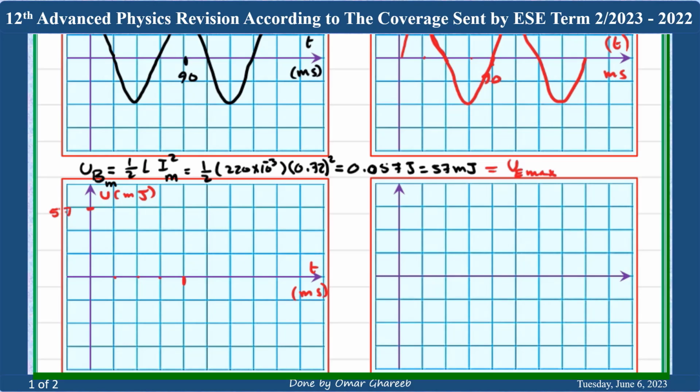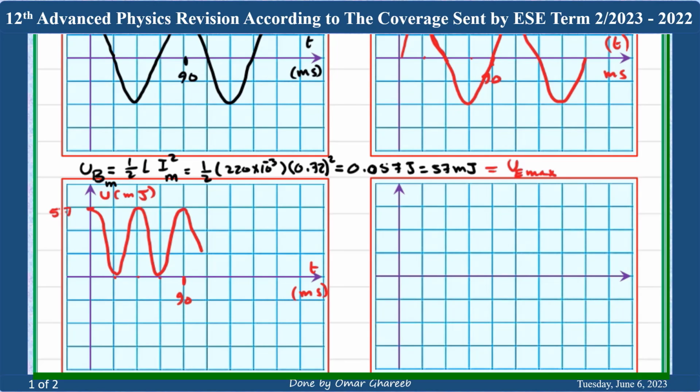This is the period, 90. Now draw a maximum at the beginning, drop to 0 after 1/4 of the cycle, then rise again, down again. This is a full cycle, 2 times in each cycle for the energy, but for the charge and the capacitor, it is only 1 time in 1 cycle.